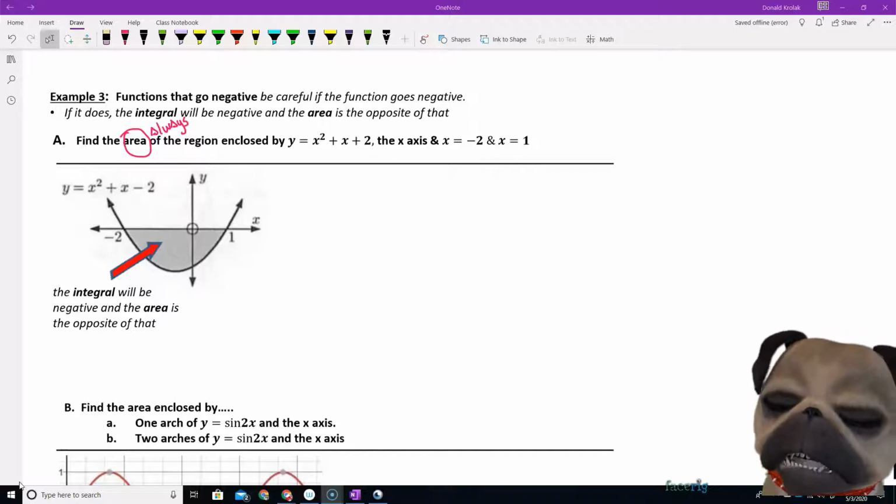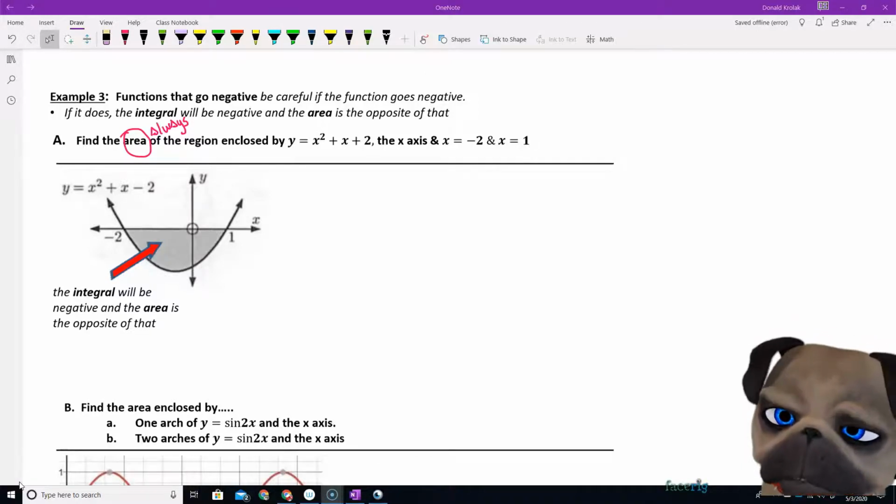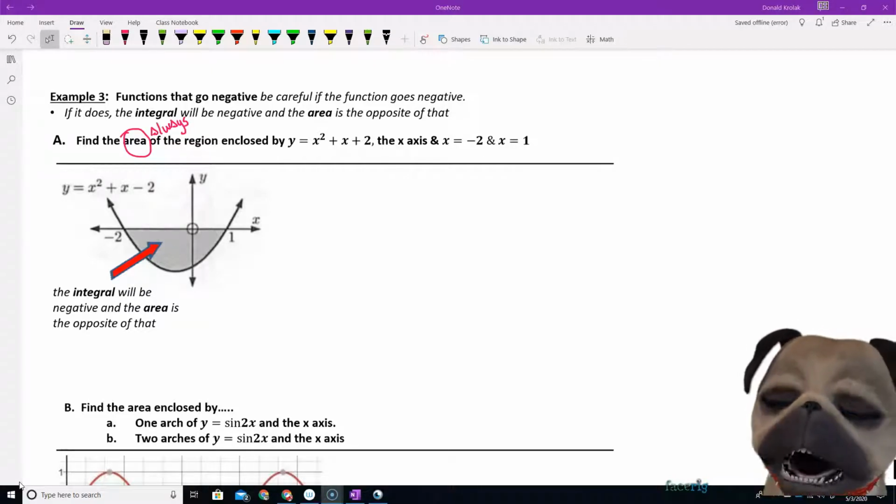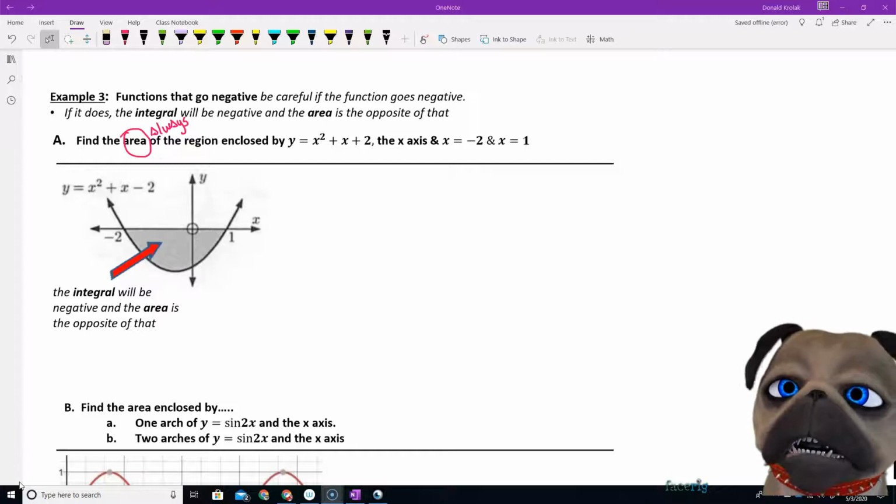So you have to know if your graph is above or below the x-axis. Okay, so this says find the area enclosed by x squared plus 2, and this is a typo, it should be minus 2.